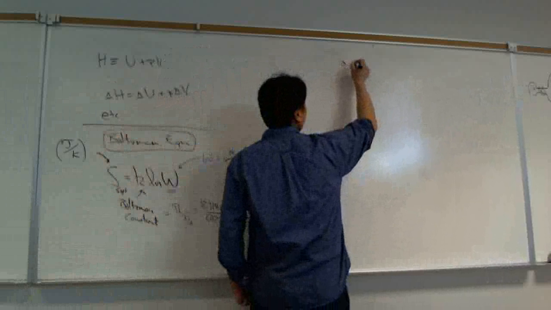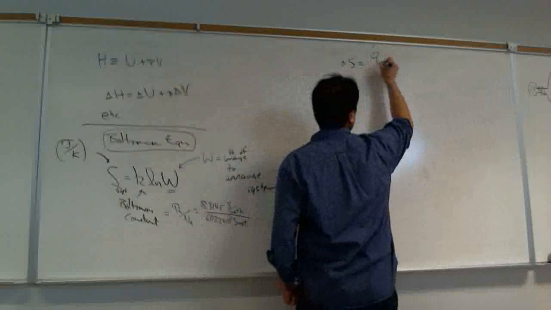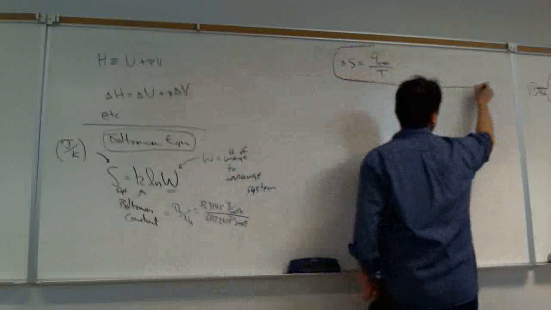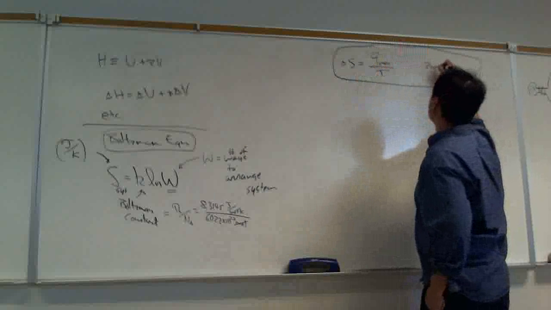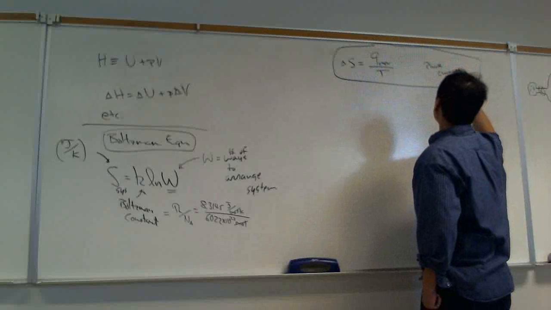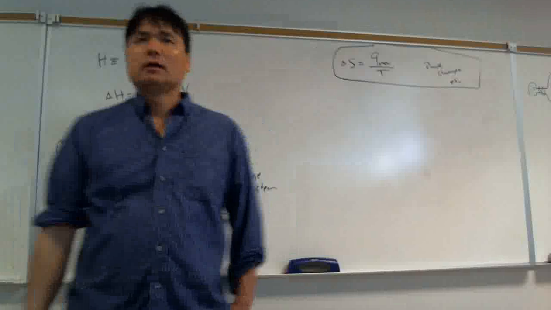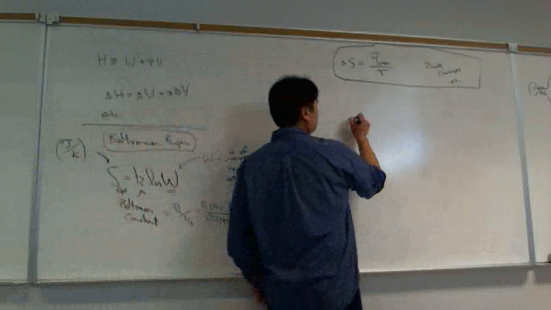This is not the Boltzmann equation, but delta S is equal to Q reversible over T. Where we can use this is in particular phase changes, etc.